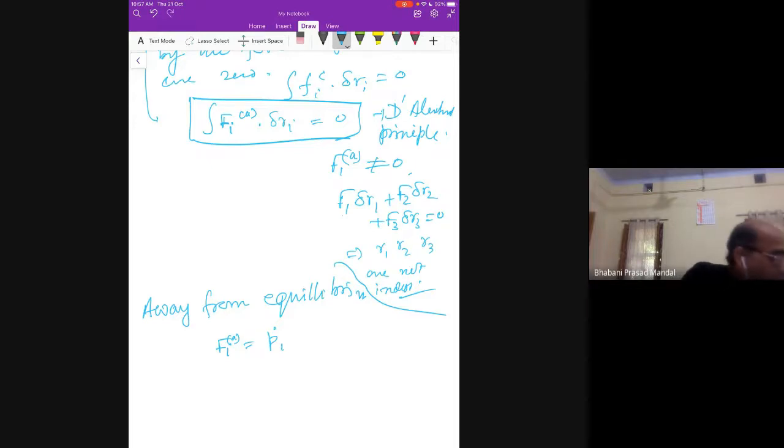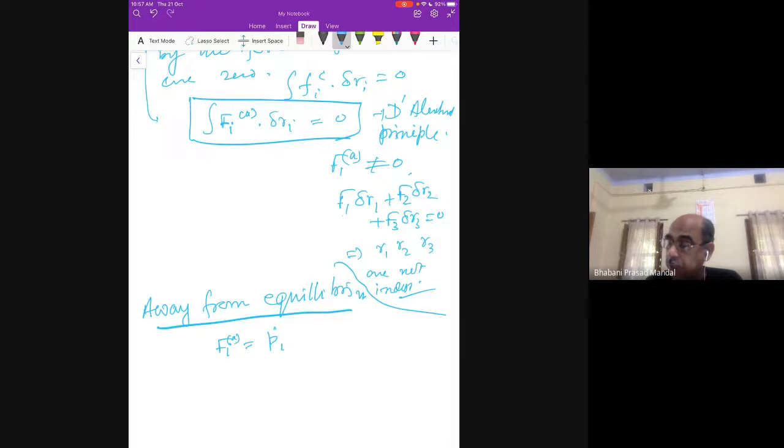Just a moment. What I am saying is, if you are away from the equilibrium, then let me put the correct wording for this. When we are away from the equilibrium, how do we write D'Alembert's principle? That is the important thing.